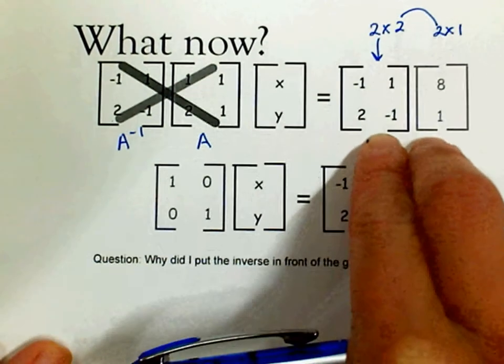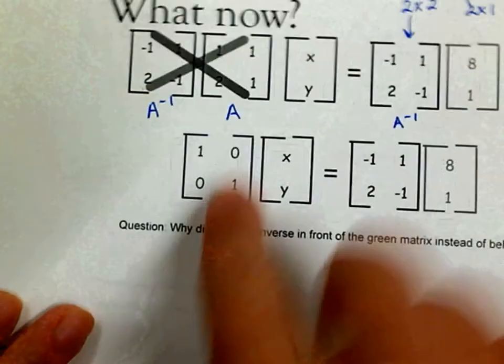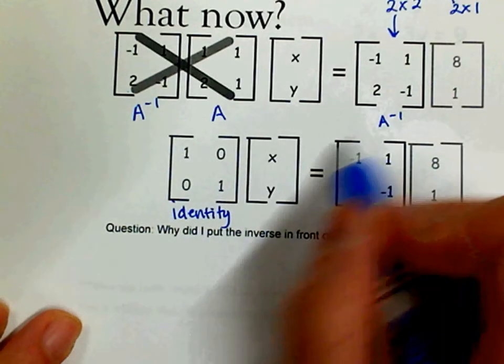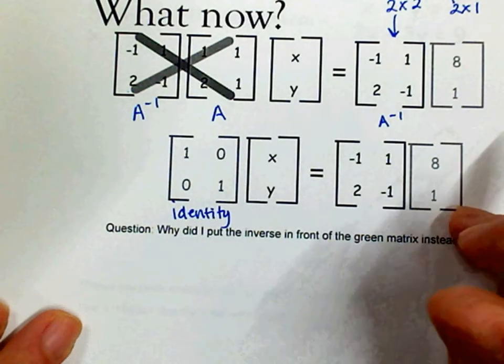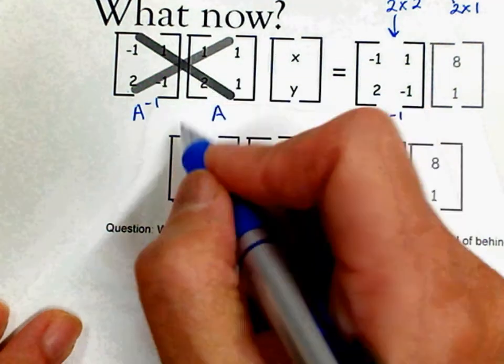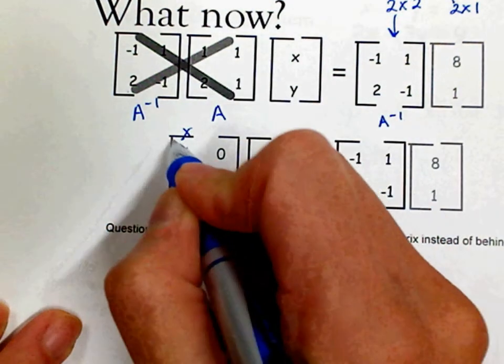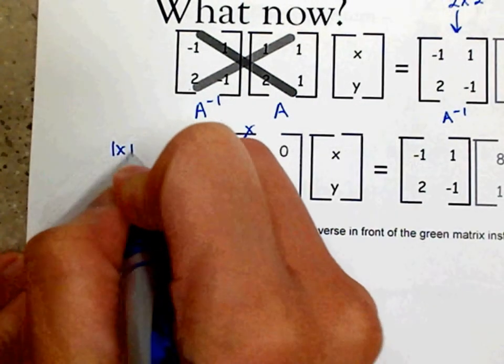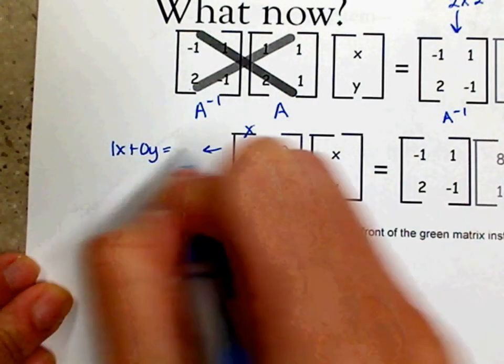So once that cancels out, notice your identity matrix. Okay? An identity matrix. And then you're going to multiply this part, and that'll give you your solution. What does this mean? This means 1x, let me rewrite this over here. 1x plus 0y equals x. You see that right there?